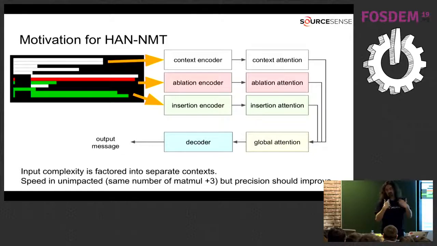In reality, there are many more, because you matmul for the input, you matmul each time you compute a new step, and you matmul for the output, so 3 times. Instead, since you're factorizing the 500 in 100, 100, 100, it's 300 actually, you have the same number, you only add 3. And the precision is expected to actually improve a lot better.